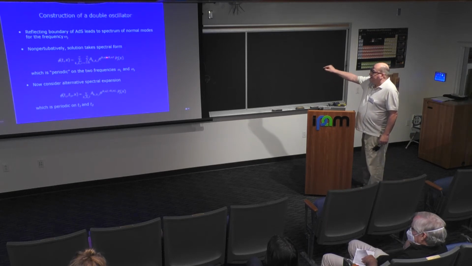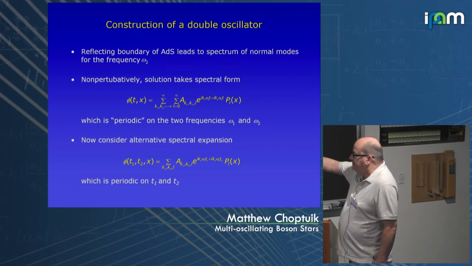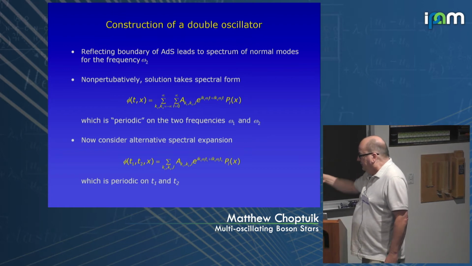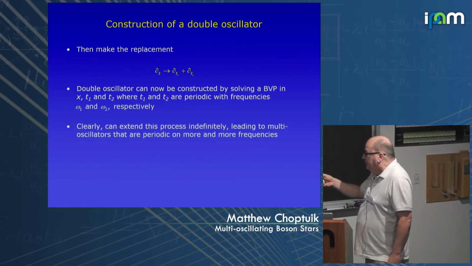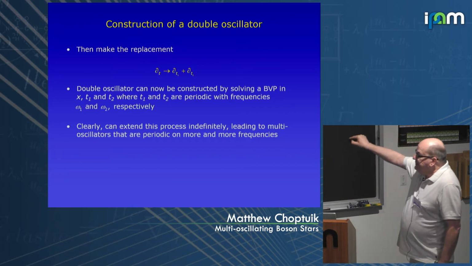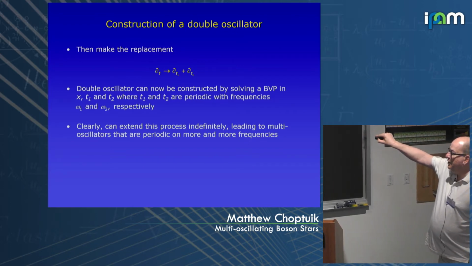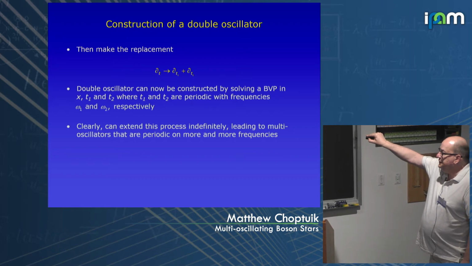So rather than a single time variable t, we can consider the alternative spectral expansion where we introduce two time variables, t1 and t2. So this is now periodic on the two variables t1 and t2 independently. And then we make the replacement that the partial with respect to time goes to partial with respect to time 1 plus partial with respect to time 2.